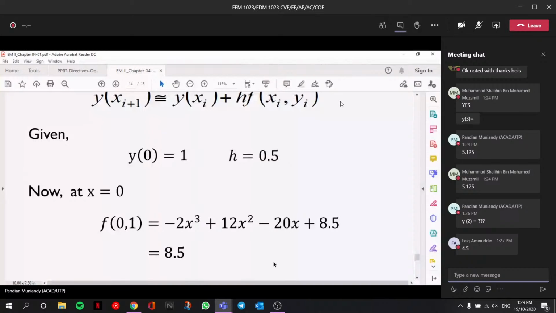So 5.125, 0.5 multiplied by minus 1.25, you get minus 0.625 plus 5.125.